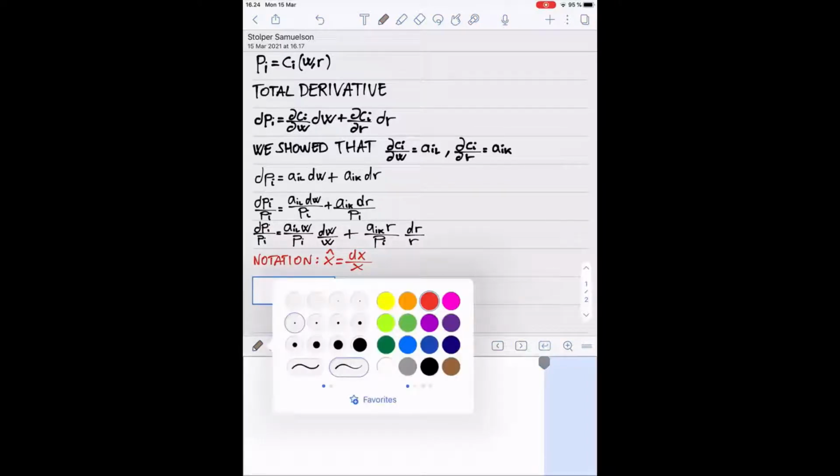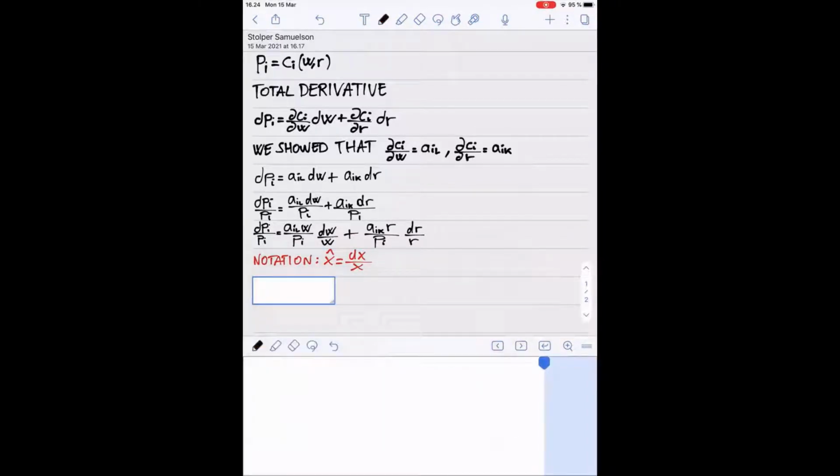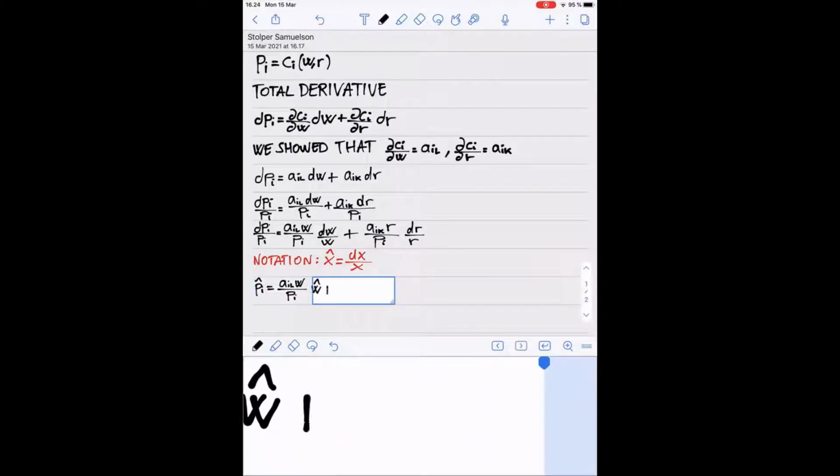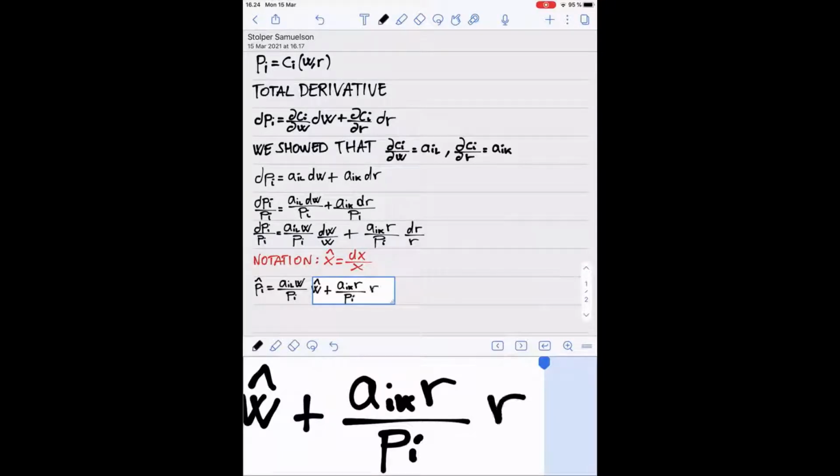Well, that means that our equation becomes Pi hat equals AIL W over Pi W hat plus AIK R over Pi R hat.